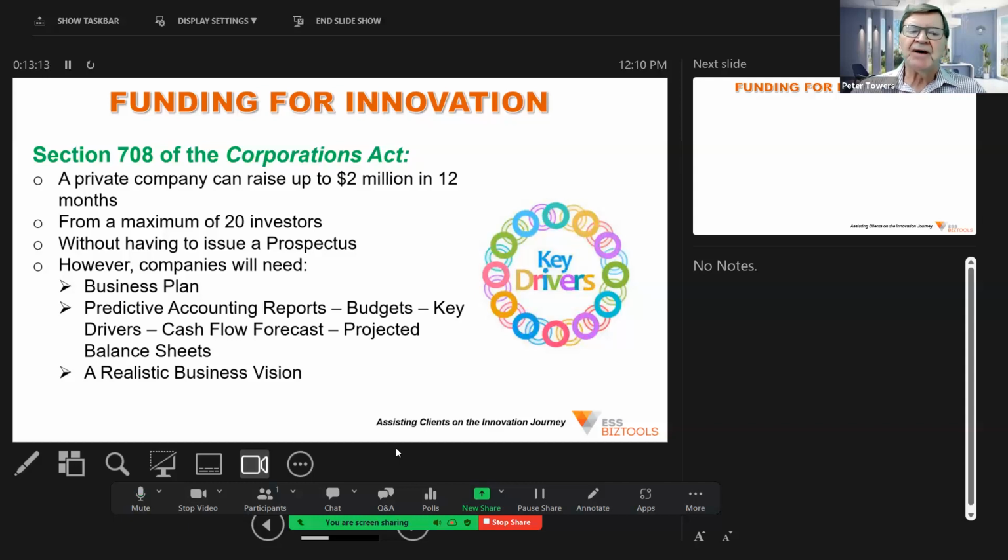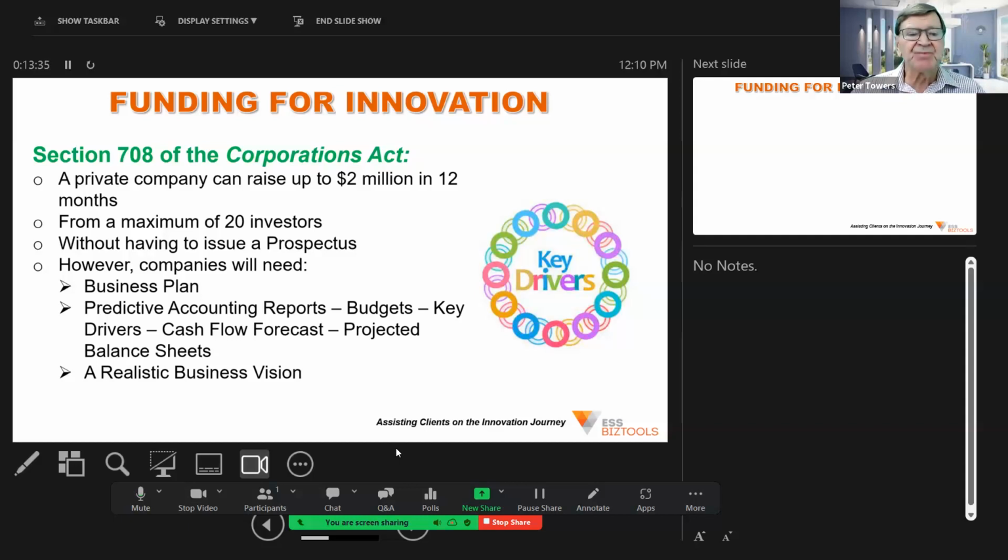So whilst the company doesn't need a prospectus, they will still need documentation. Not many investors that I've come across will hand over money to fund a new company undertaking an innovation project unless they've got an idea of what the money's going to be spent on.